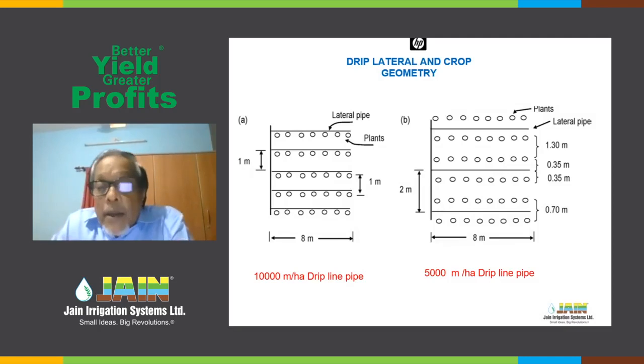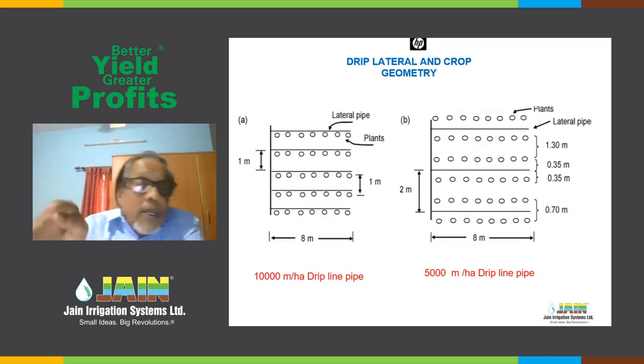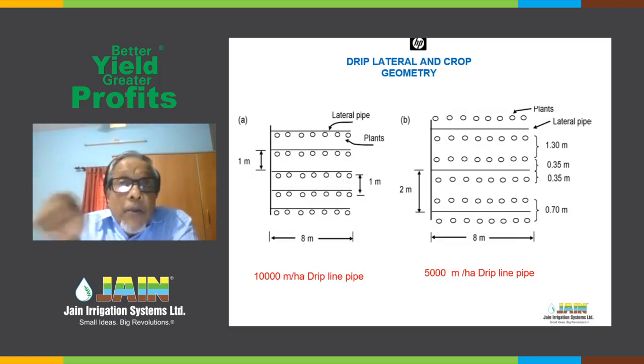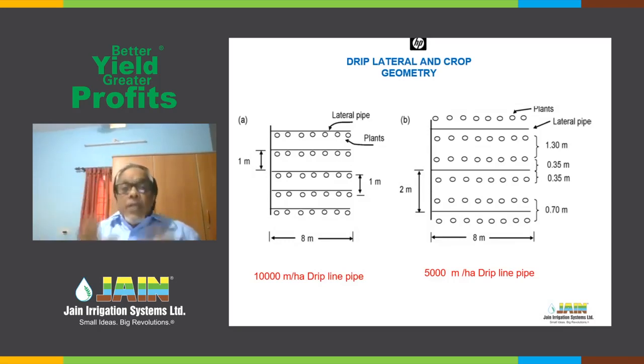meter per hectare. Now this is economics and the use of the science of moisture movement in the soil. We are using it to the benefit of the farmer, the benefit of providing him an efficient system, but a less costly system. So this is where we look at the crop geometry.